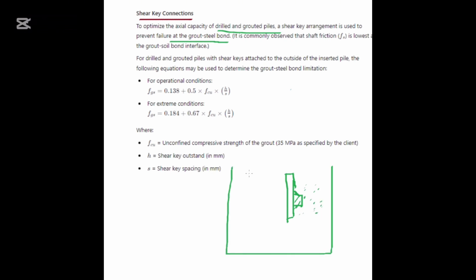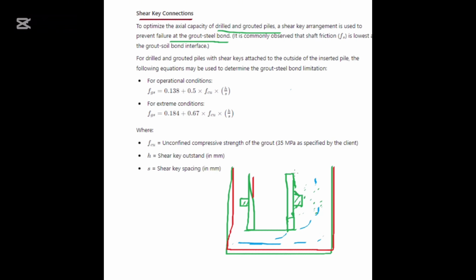I'm just drawing the pile wall thickness outside the insert pile. In red, this is the socket, which is drilled inside the rock layer below the mud line, and the green is the insert pile wall thickness, with grout inside.